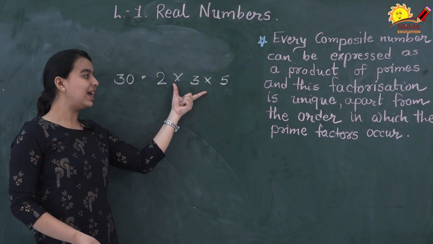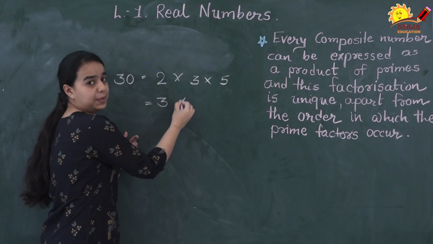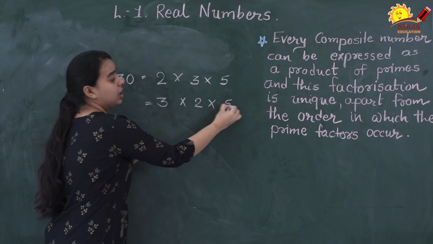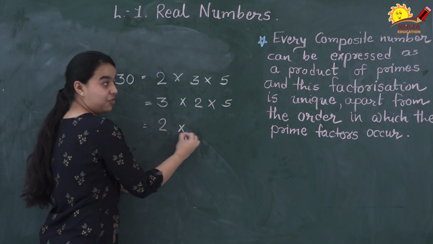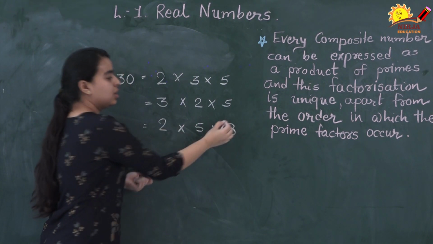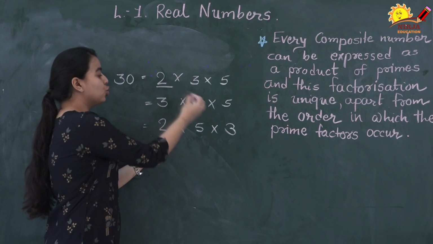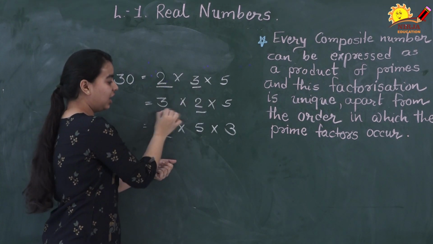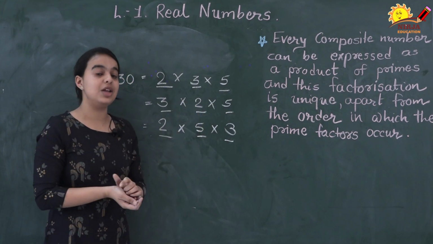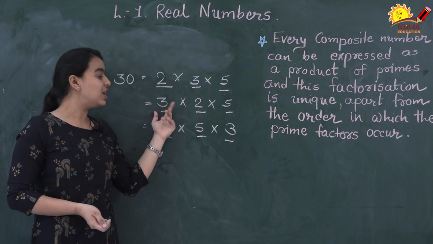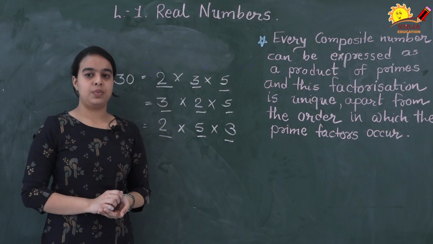If I rewrite this factorization, it can be written as 3 multiplied by 2 multiplied by 5. Again, I can write 2 multiplied by 5 multiplied by 3. So, this factorization is unique. That means these factors 2, 3, 5 are not going to change, but the order in which the factors occur can be changed.